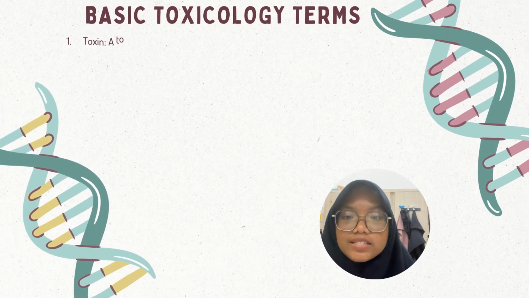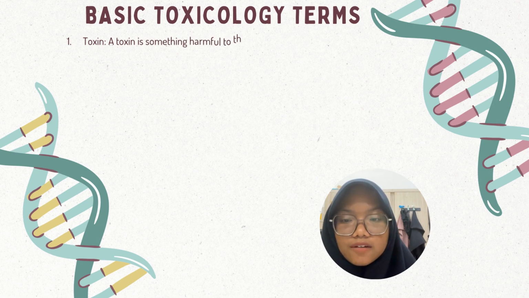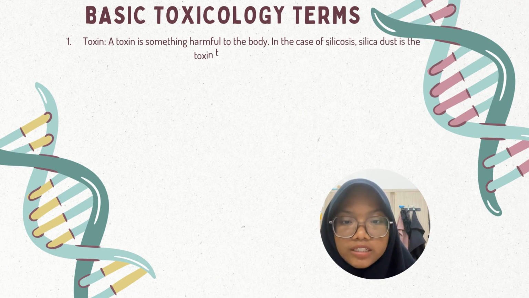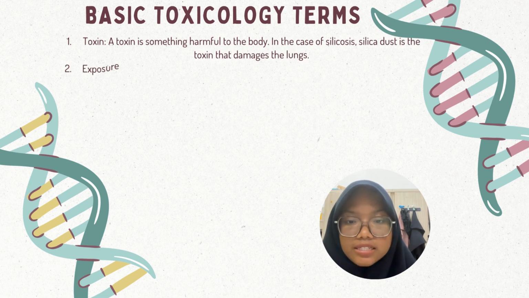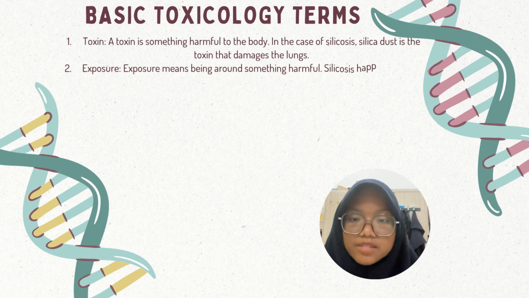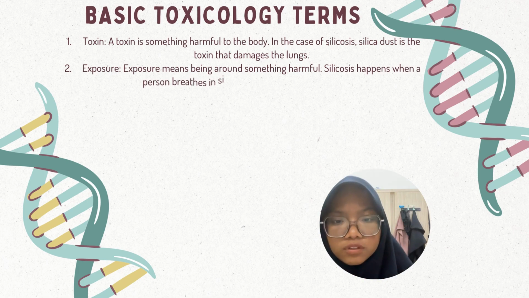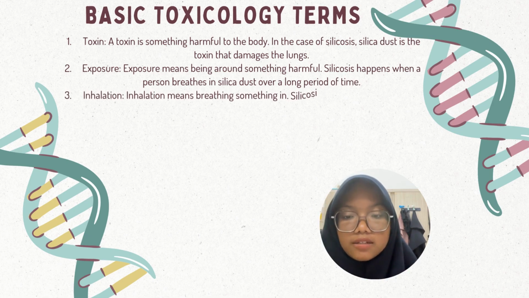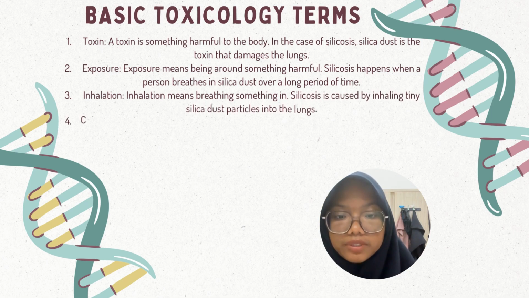Next is basic toxicology terms. First is toxin. A toxin is something harmful to the body. In the case of silicosis, silica dust is the toxin that damages the lungs. Second is exposure. Exposure means being around something harmful. Silicosis happens when a person breathes in silica dust over a long period of time. Third is inhalation. Inhalation means breathing something in.